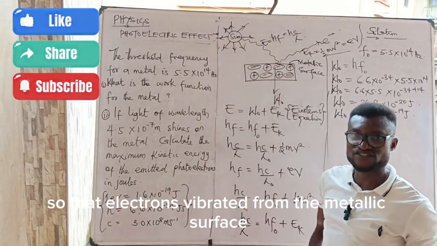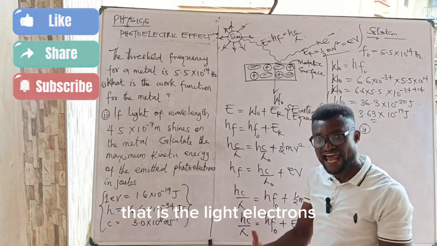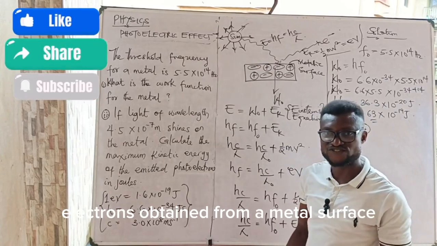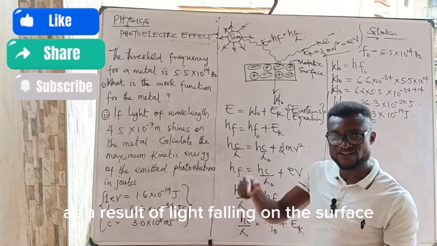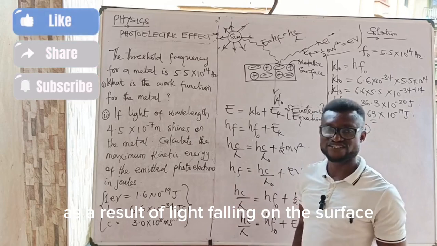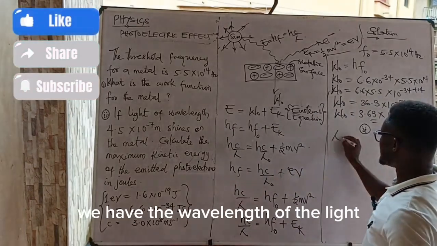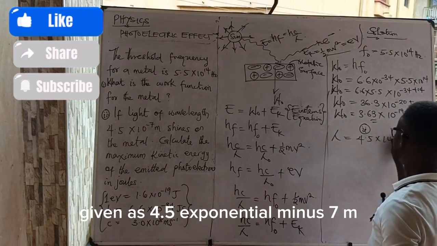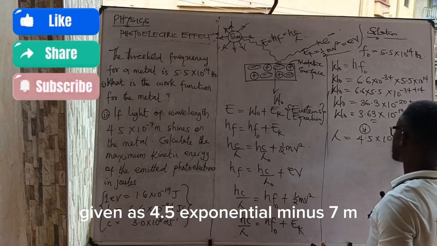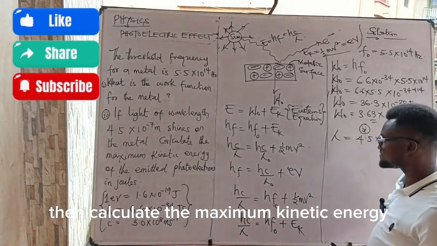So the electrons liberated from the metallic surface are called photoelectrons.